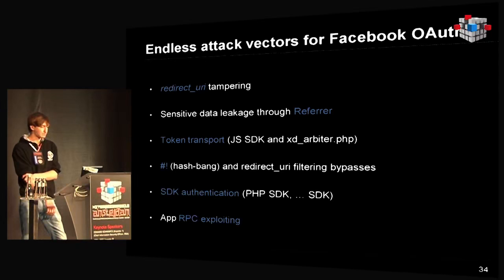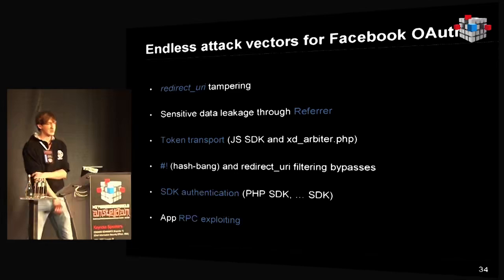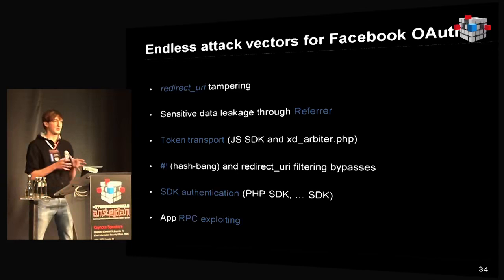During my talk, I think all the bugs were related to tampering with the redirect URI. Indeed, if you leak something with the referer, you need to redirect the page in some controlled way.